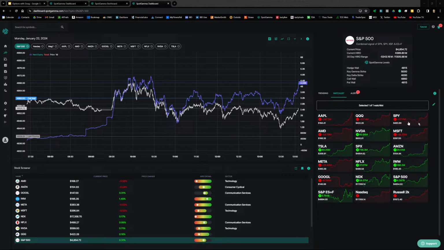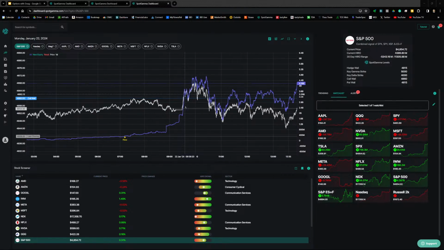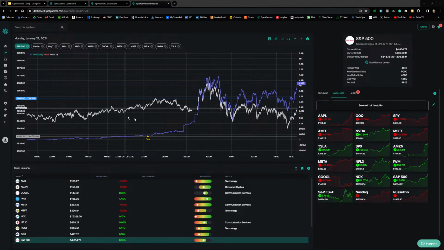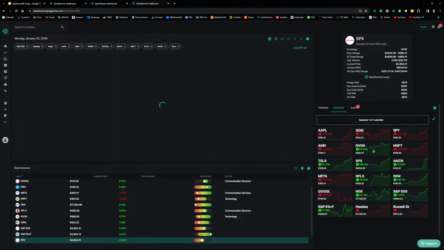All right, note this chart is showing the Hero Signal beginning. It looks like it's beginning at midnight. So note that, let's take a look at SPX.